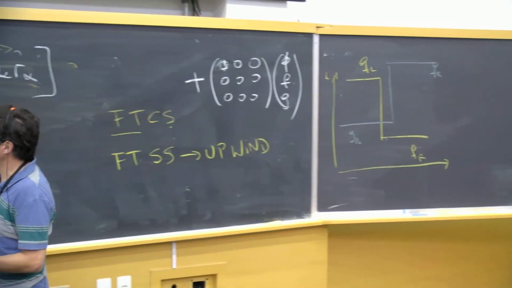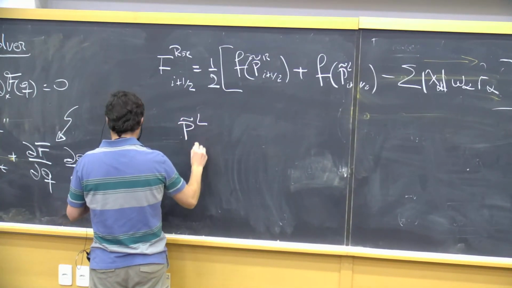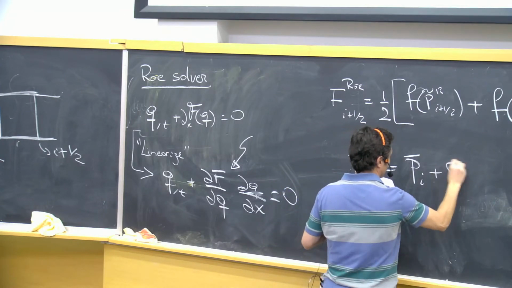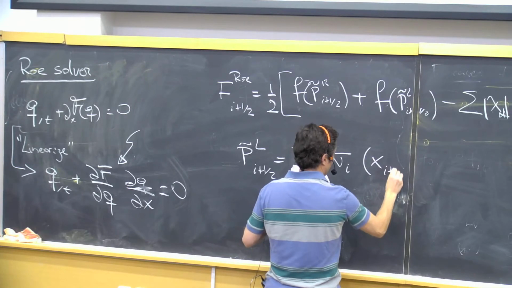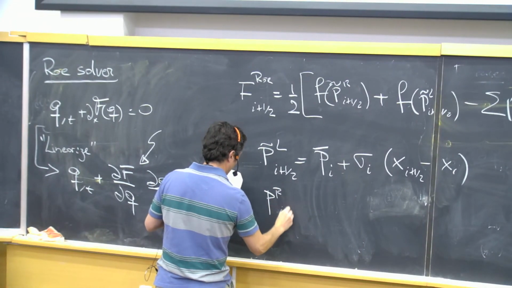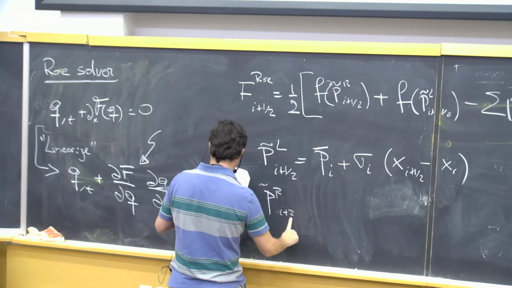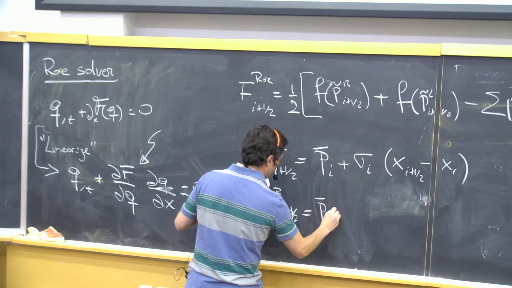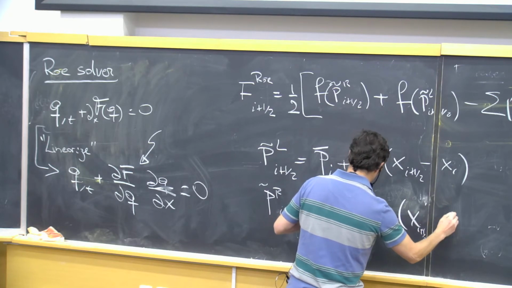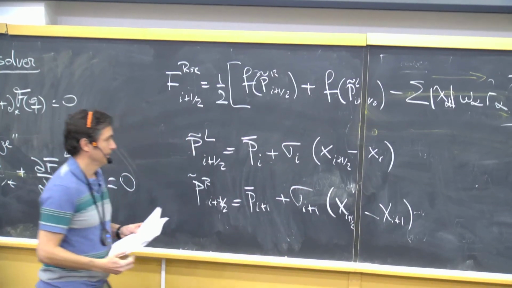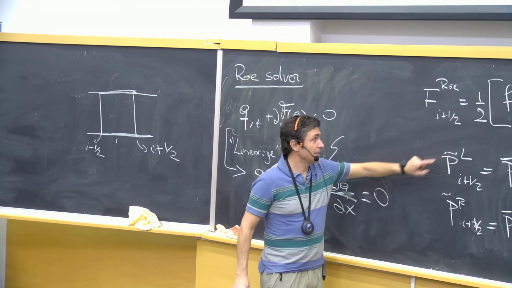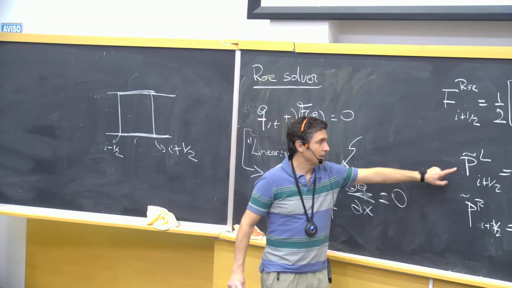So now let me tell you what these things are. Here, what I'm going to do is express how I'm going to interpret the value of the function, and again, for the time being, think of this P as Qs.